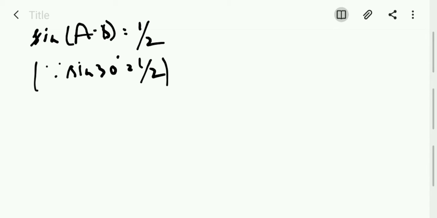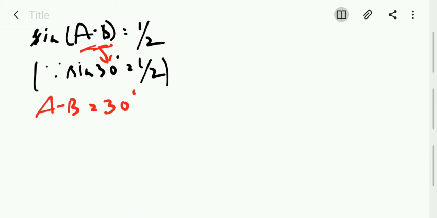So in place of a minus b, we have 30 degrees. So a minus b is equal to 30. Simple.